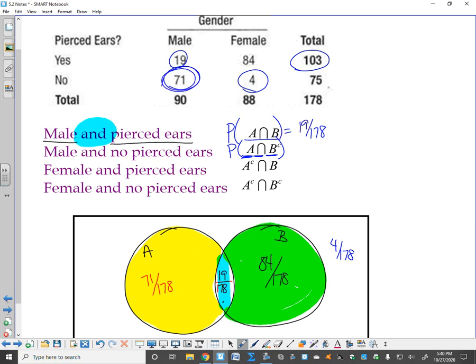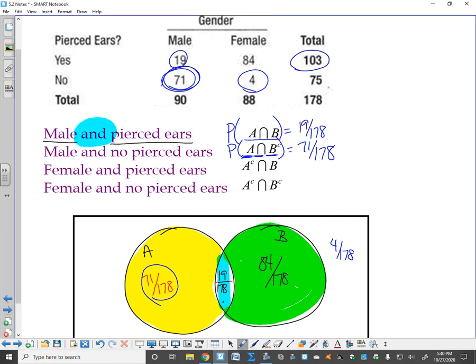Really easy to see in the chart. It's the yellow part. I'm male, but I do not have my ears pierced. Remember, green and blue is pierced. So I am not green or blue, but I am male. So I'm in the A bubble, but I'm not the 19 over 178 because 19 of us have our ears pierced. So 71 over 178.